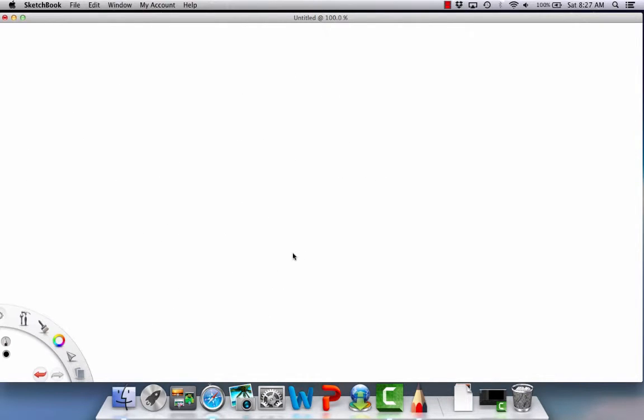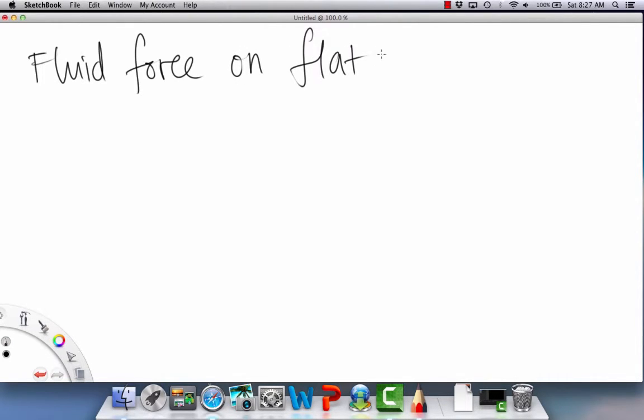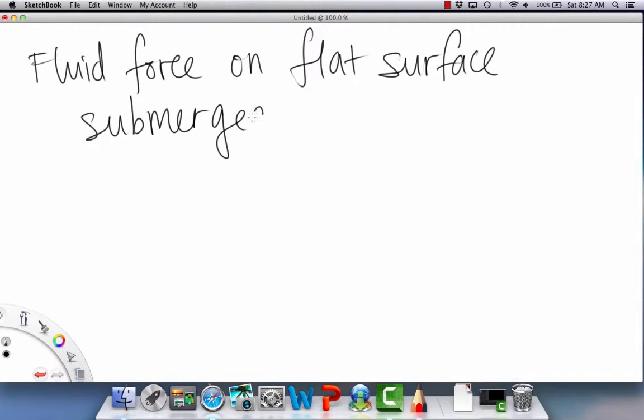Okay, so now we have when a fluid force is on a flat surface, and it's submerged vertically.